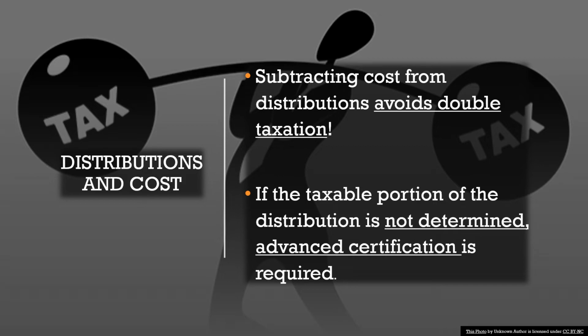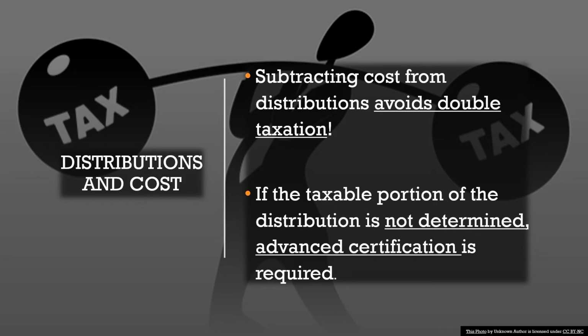Sometimes the taxable portion is not determined for a number of reasons, and sometimes there might need to be adjustments to that taxable portion. If that's the case, it's really important to note that advanced certification is required. You would need to do a little extra training on how to perform what's called the simplified method of calculating out how much of the distribution is taxable.